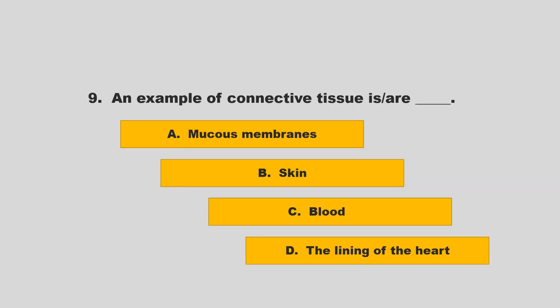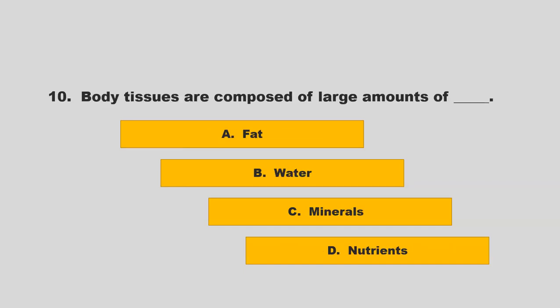An example of connective tissue are mucous membranes, skin, blood, the lining of the heart. If you chose C, blood, you are correct.